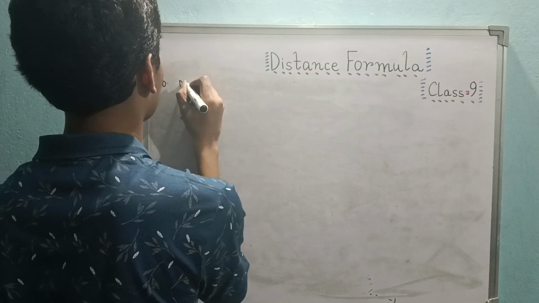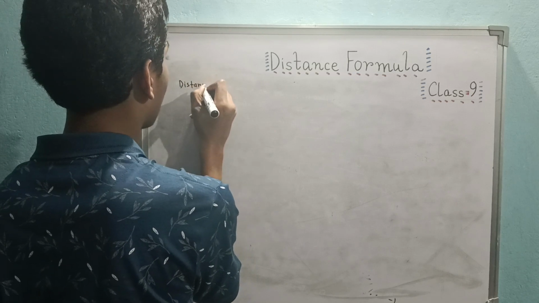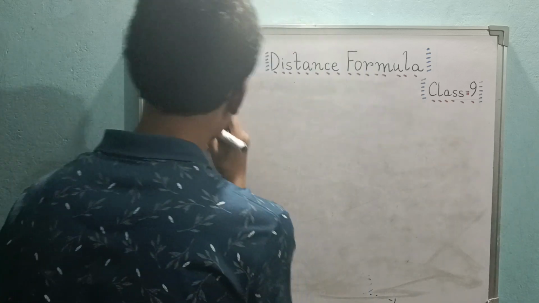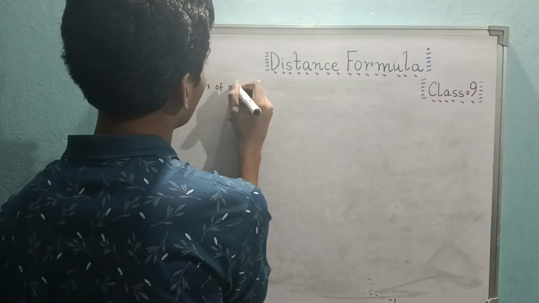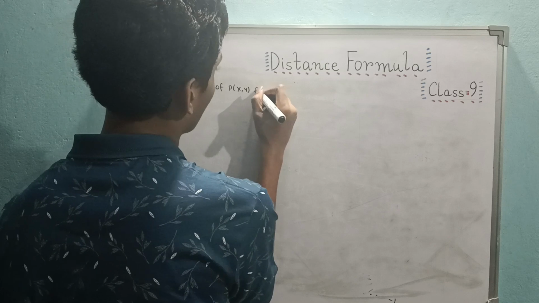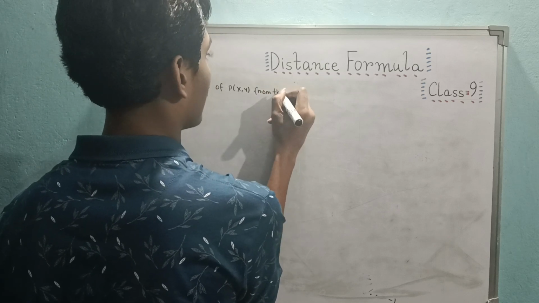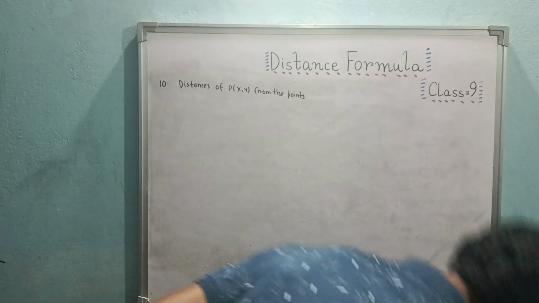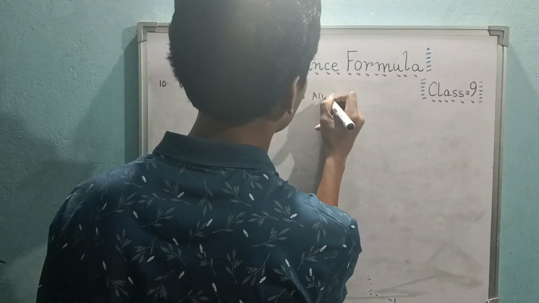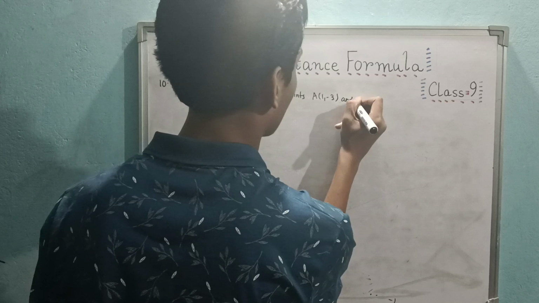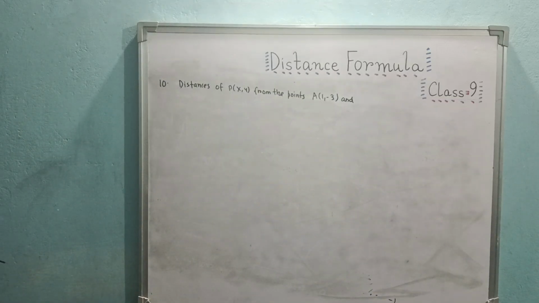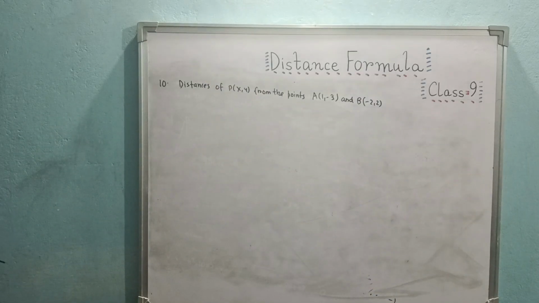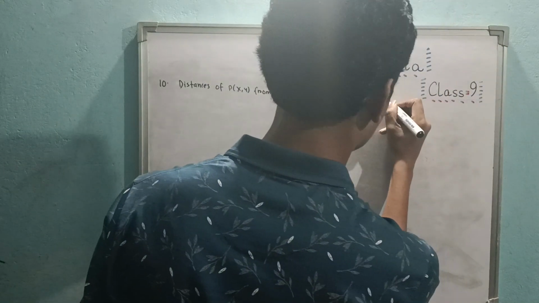The distances of P(x, y) from the points A(1, -3) and B(-2, 2) are in the ratio 2:3.